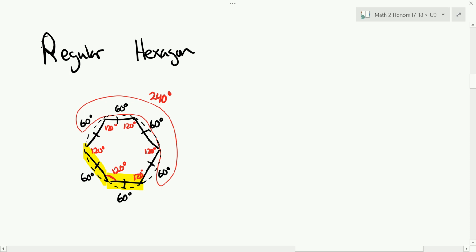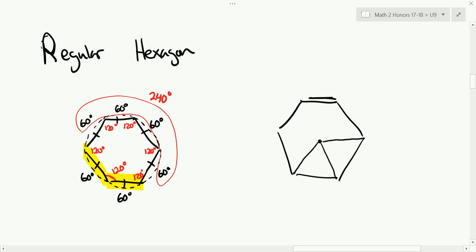Next, I'm going to draw another hexagon. If I go from the center and draw all the radii, going from the center to the vertices, we know all these lengths are the same, right?